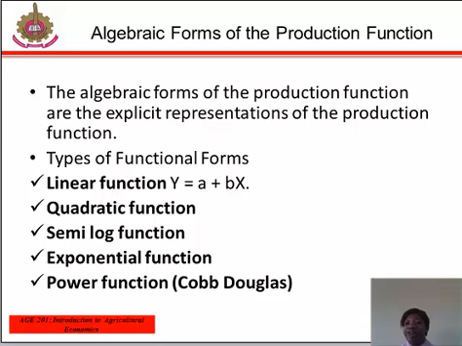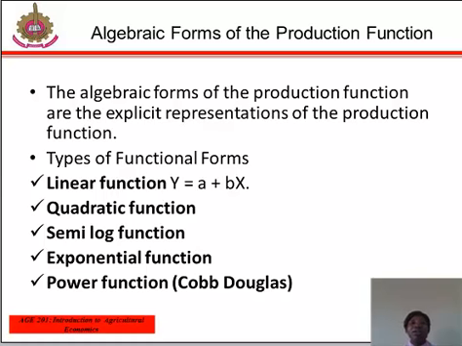Linear function. For the one variable production, the linear function is expressed as Y = a + bX, where Y is the output and X is the variable input. The small a stands for the constant term and b is the slope of the line or coefficient of the production parameter.